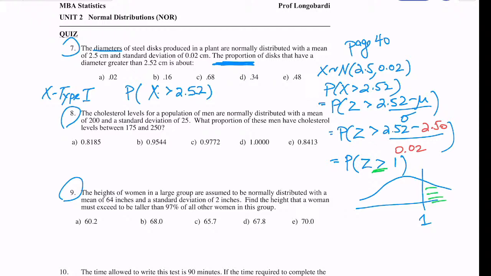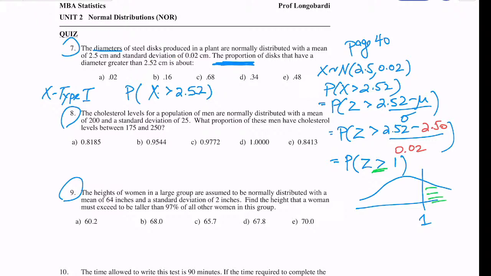So what we've done is converted the problem from saying, find the probability that a diameter is greater than 2.52 given the expectations.